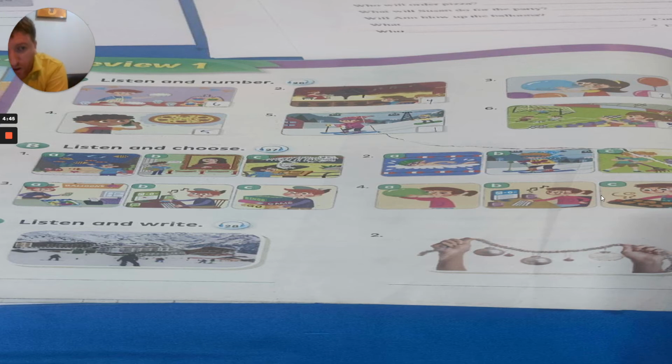So what you need to do here is circle A, B or C, listen to the sentence and circle A, B or C. So where did you go last weekend? Number 1, I went to an aquarium. Number 2, what did he do last weekend?